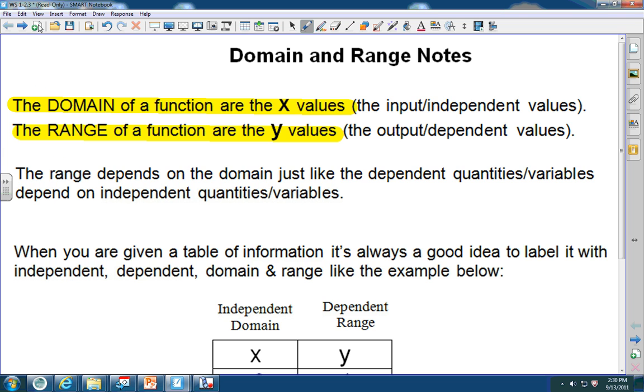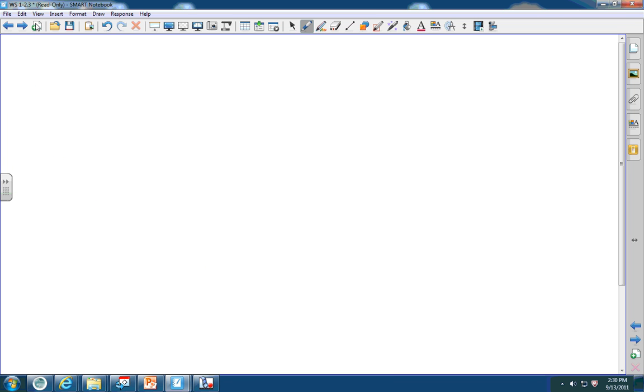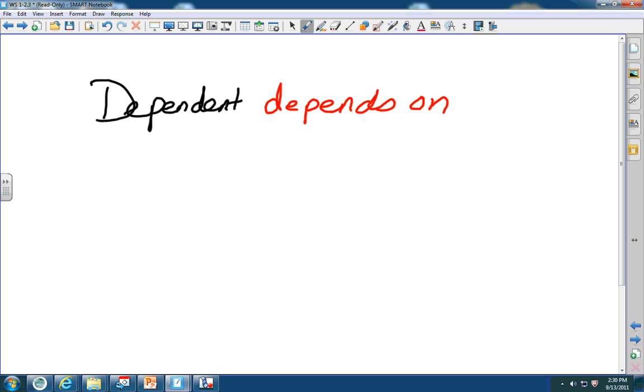Now let's go back to the last units of what we've talked about. We know that the dependent depends on the independent.